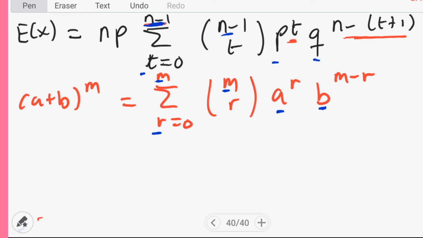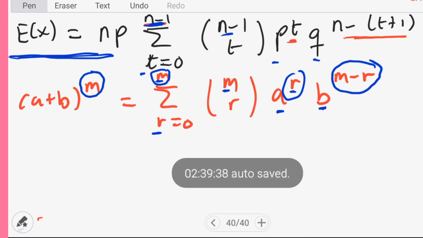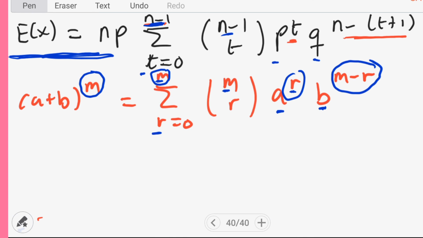So now what's something about the binomial expansion theorem? You realize that if you add r and m minus r, you end up getting m. And if you compare the same thing to our expected value here, you realize that if you add n minus t plus 1 to t, you end up getting n minus 1.